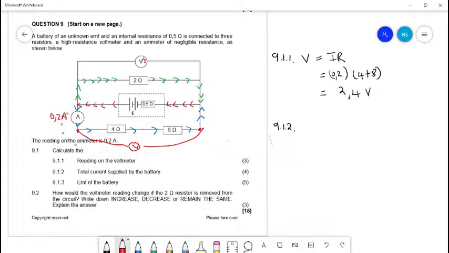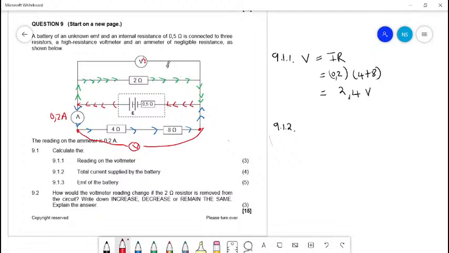So now that we know the current that goes to the 4 ohm and 8 ohm resistor, we need to calculate the current that goes to the 2 ohm resistor.